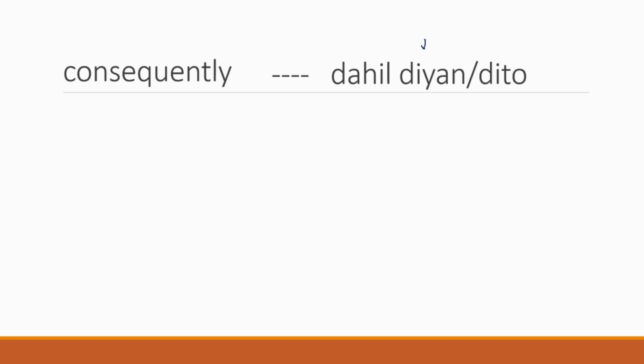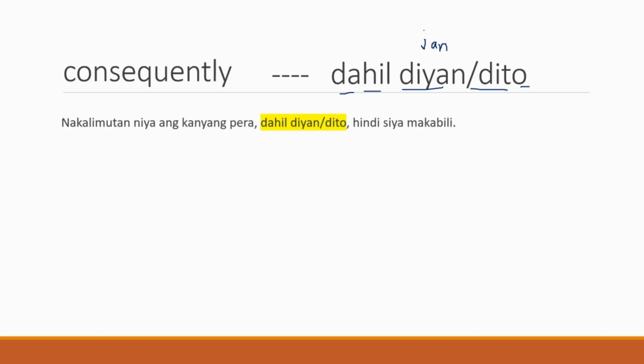Dyan, like in January. Dahil dyan or dito. The first sentence is, nakalimutan niya ang kanyang pera. Dahil dyan, dahil dito, hindi siya makabili. He forgot his money. Consequently, he cannot purchase something.